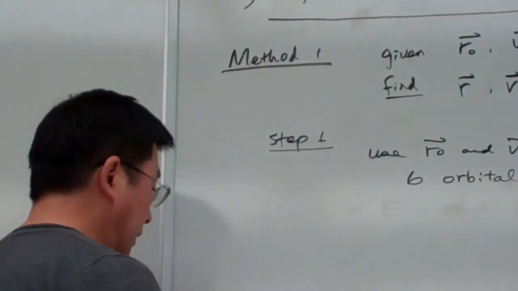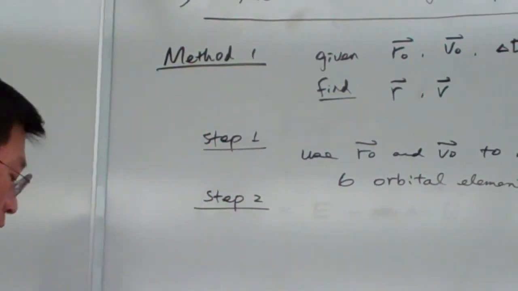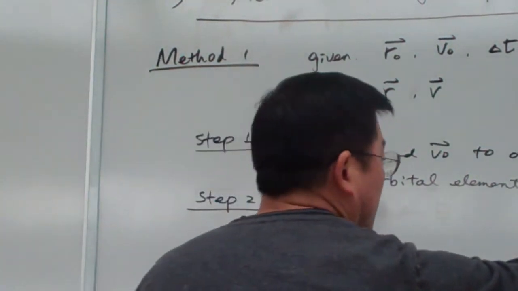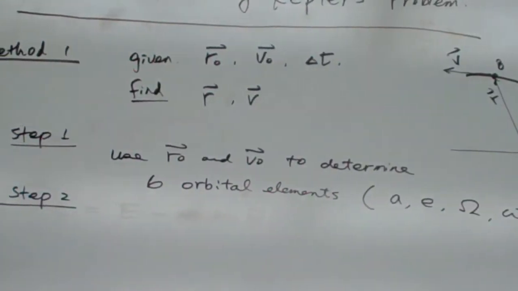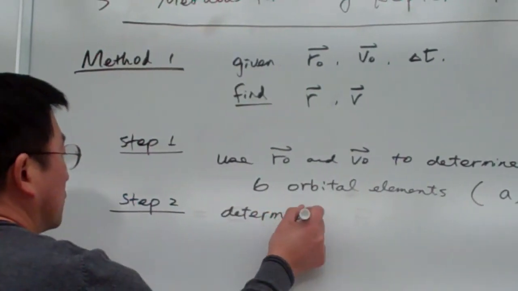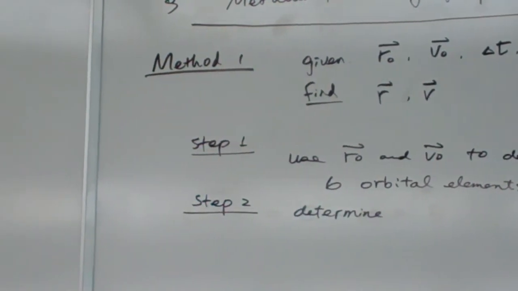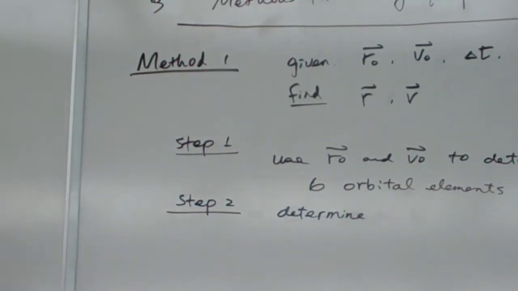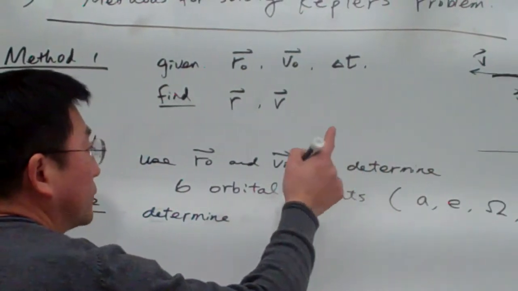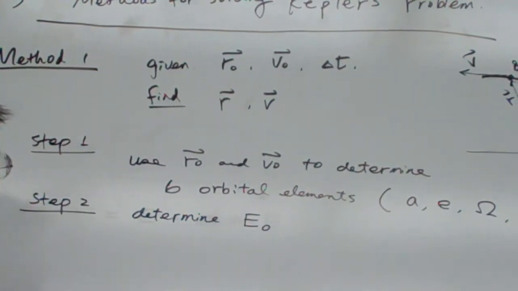And then the second step. Once we have determined this already, right now we're going to use Kepler's equations. Let me utilize the elliptic orbit, for example, so we can determine E0.